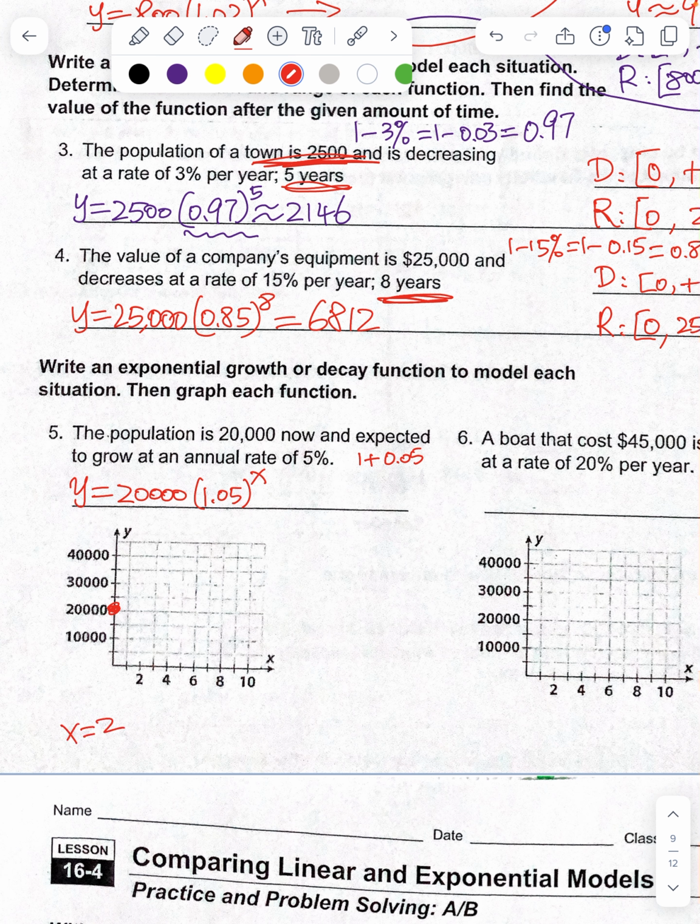So 1.05 raised to the second power, and then times 20,000. So when x equal to 2, y equal to 22,050. Something like this, right? Right here.